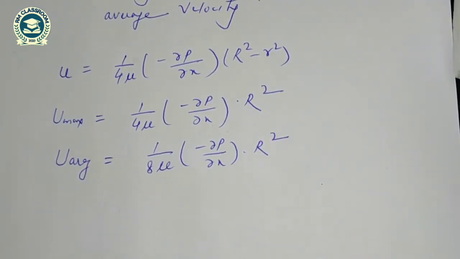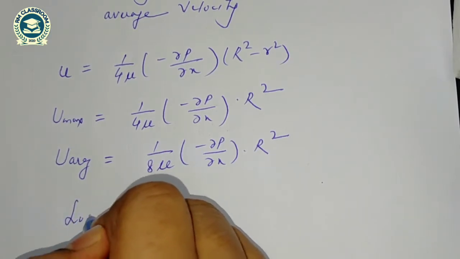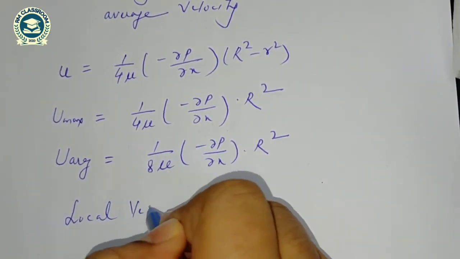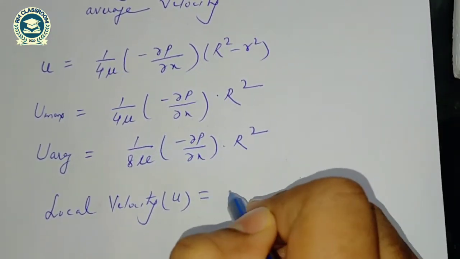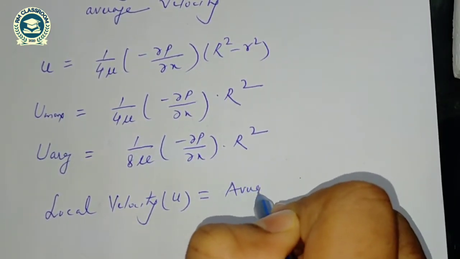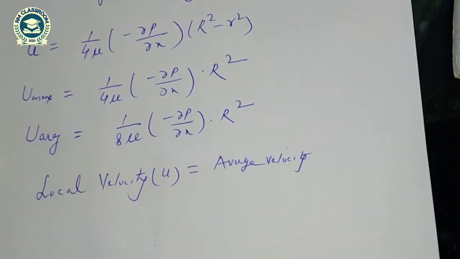So we have to compute a point where our local velocity is equal to the average velocity.